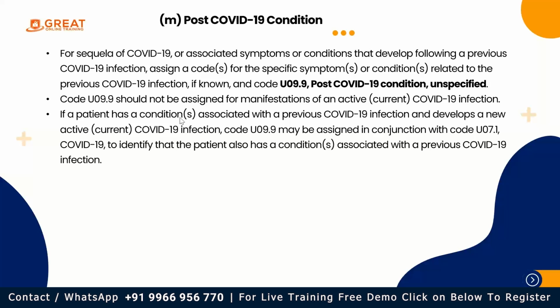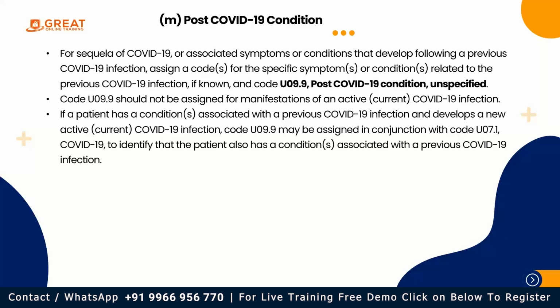If a patient has a condition associated with previous COVID-19 infection and develops a new active or current COVID-19 infection, code U09.9 may be assigned in conjunction with U07.1 to identify that the patient also has a condition associated with previous COVID-19 infection. Means we can use both codes at the same time, because we may get infected with COVID-19 several times, right?